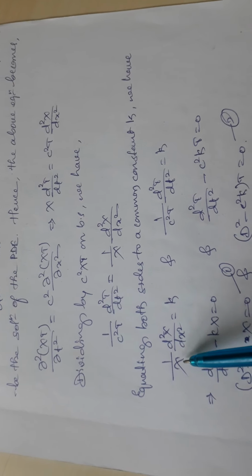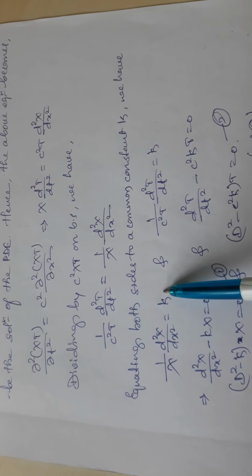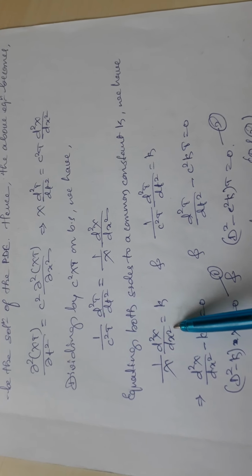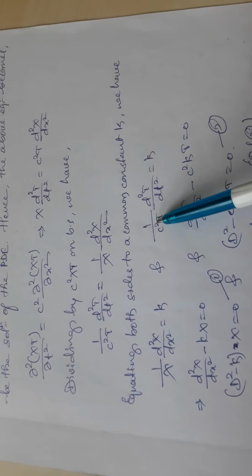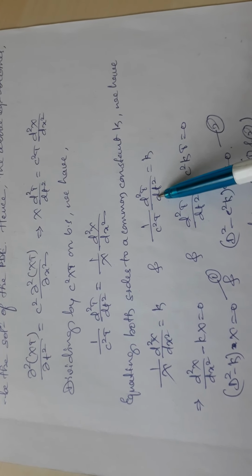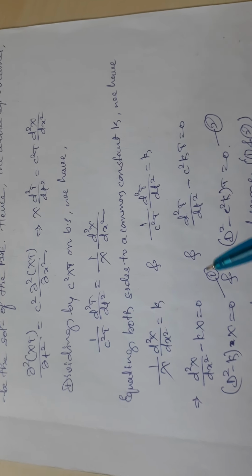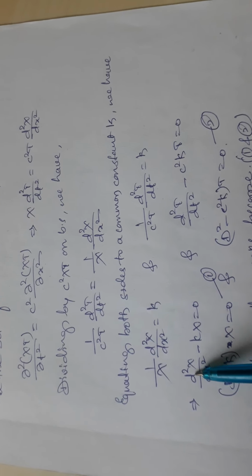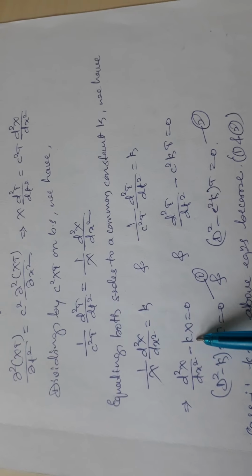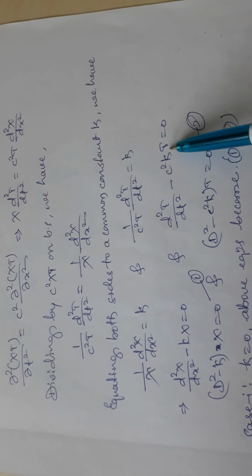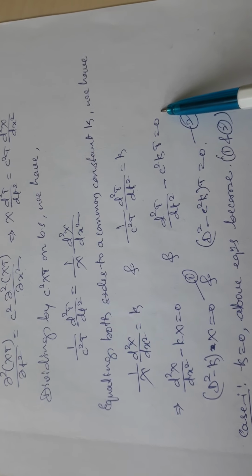Now multiplying to the RHS, that is d²X/dx² = kX, d²T/dt² = kc²T, and sending it to the LHS, we get d²X/dx² − kX = 0 and d²T/dt² − c²kT = 0.